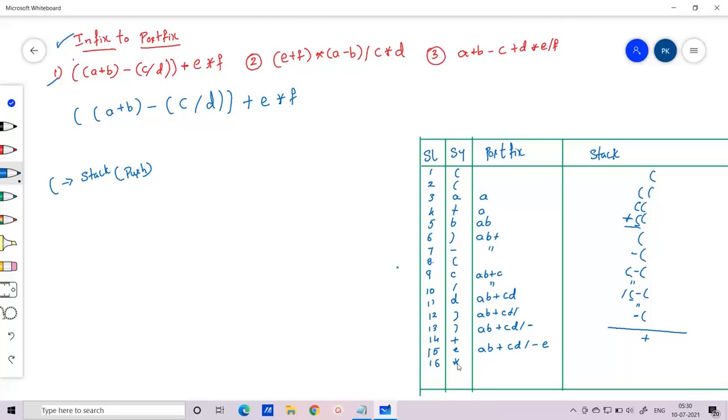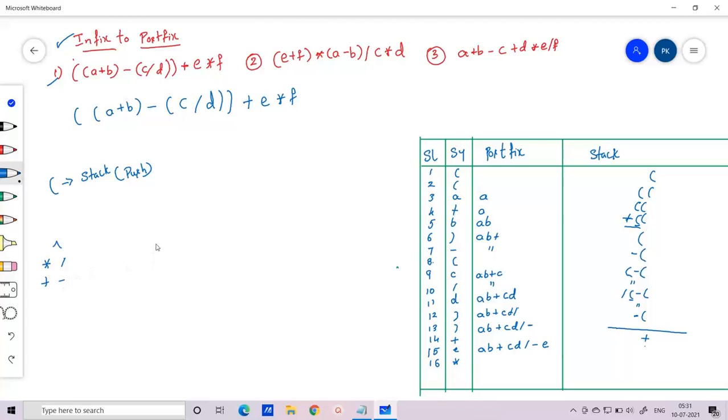When I get a multiplication symbol, I can see I have an operator in the stack, which is plus. As we discussed, the precedence is like this: first precedence is given to the exponent symbol, next multiplication and division, and after that plus and minus.